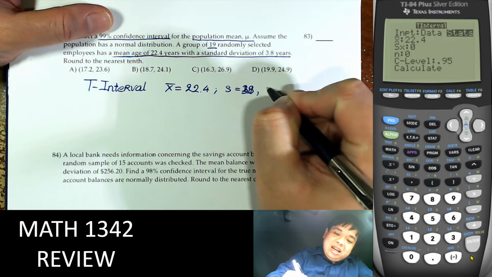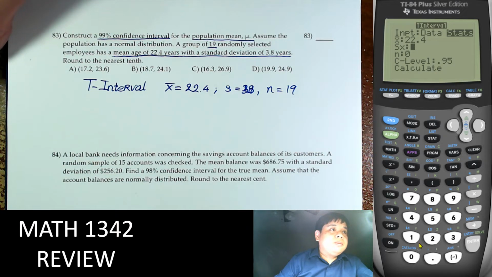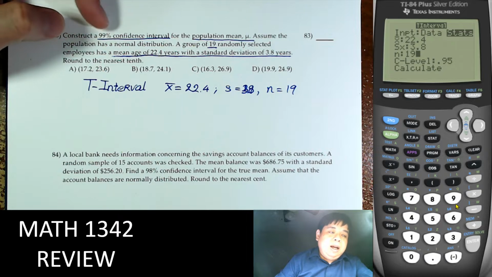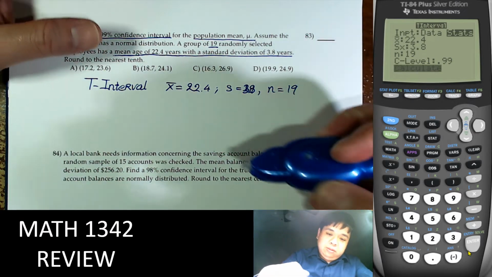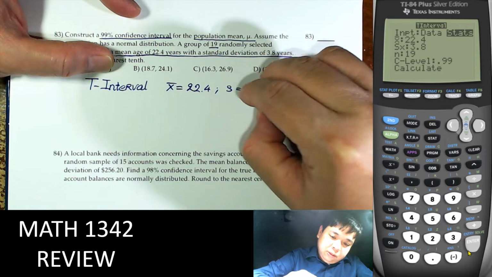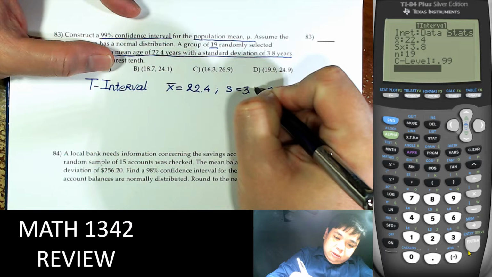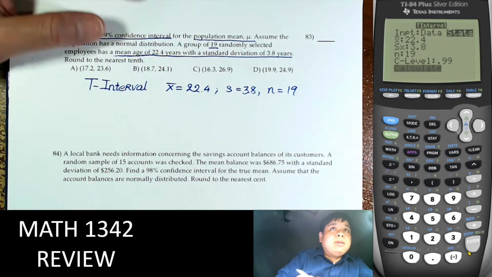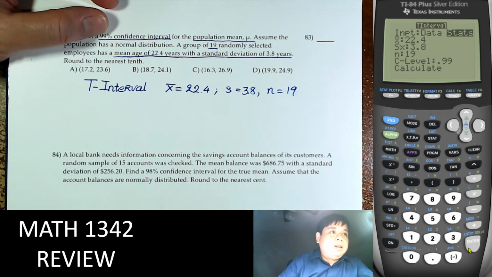The 19 is n. And 99% confidence interval. So we do that and we just calculate.